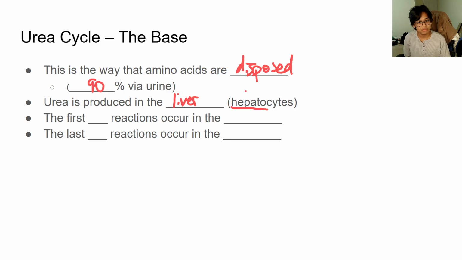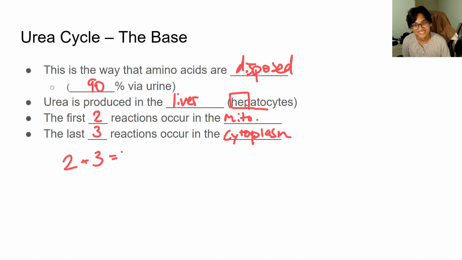Anything hep is liver. The first two reactions occur in the mitochondria, and the last three reactions occur in the cytoplasm. So in total, 2 plus 3 is 5. So there's 5 key enzymes.